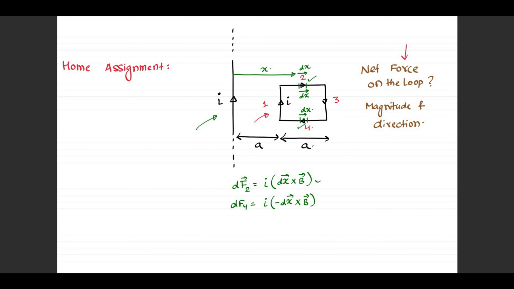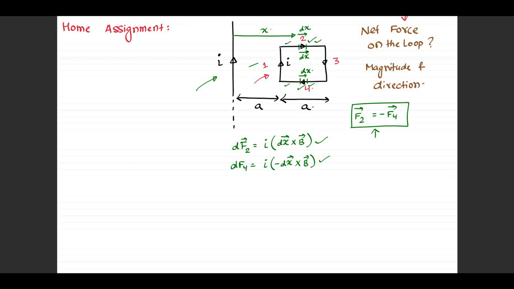So can I say they are going to cancel out each other? This is going to happen at each and every part of 2 and 4. So can I say, this is one conclusion.